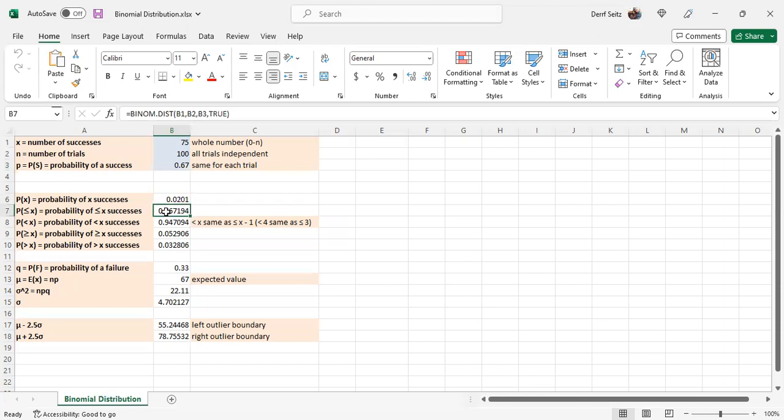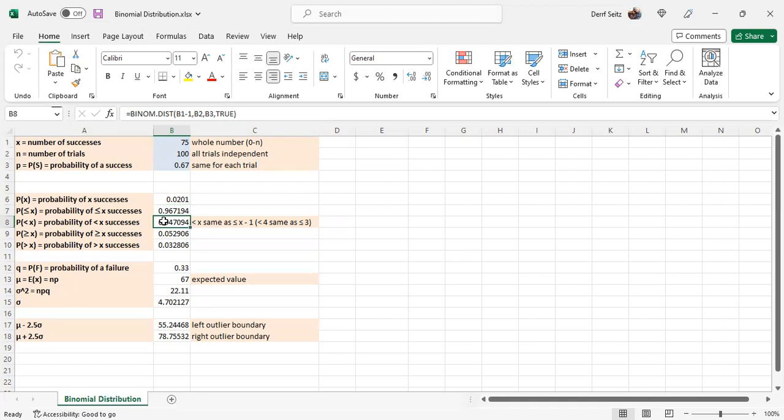The next is the probability that the number of successes will be less than or equal to x. That uses the same binomial distribution function with a true parameter in the fourth position, which represents a cumulative probability, not just x, but less than or equal to x.